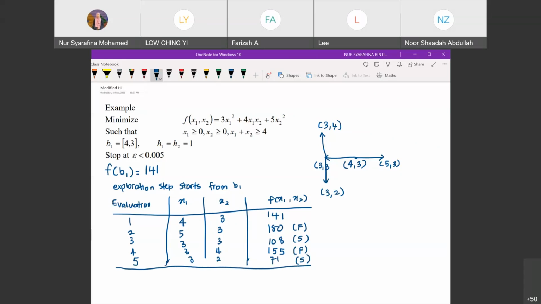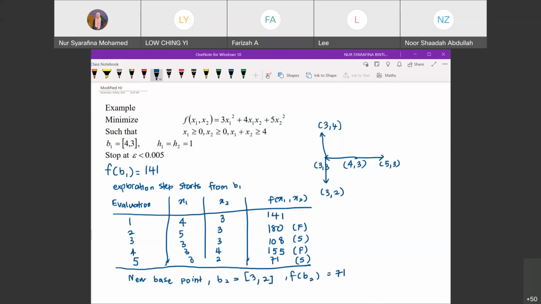Then the next iteration should start at P2, your new base point, which is 3, 2, where F(B2) is 71. Same process, right?